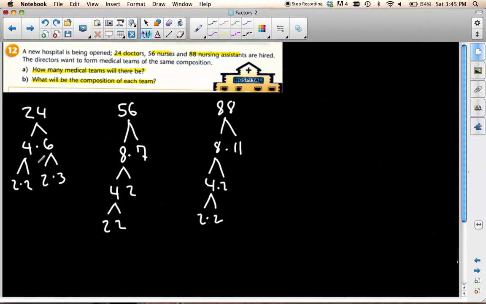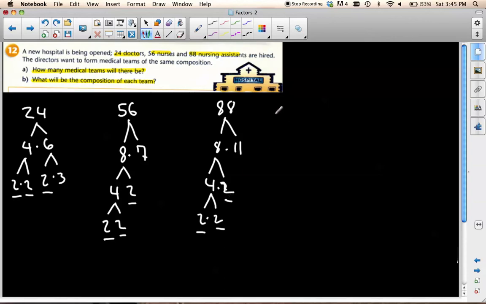Now what is the greatest common divisor for each one? Well, the number 24 has 1, 2, 3 2's. And the number 56 also has 1, 2, 3 2's. And the number 88 also has 1, 2, 3 2's.